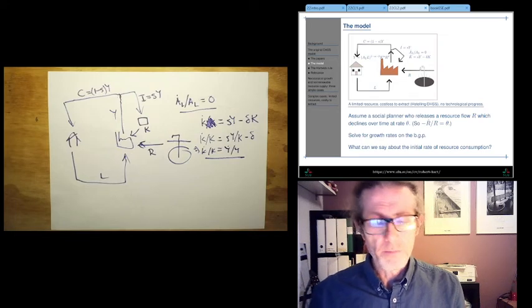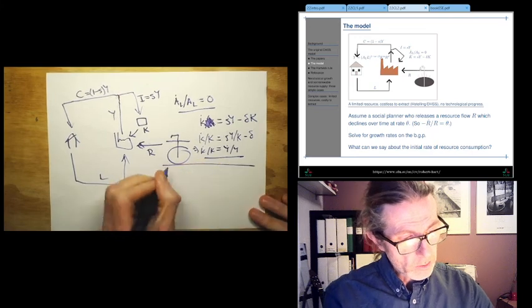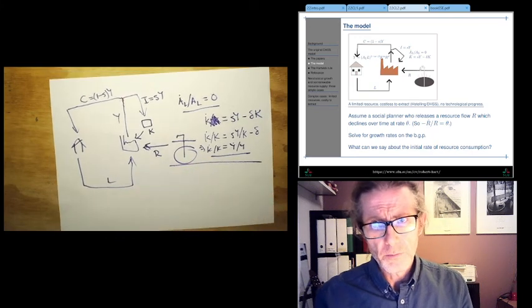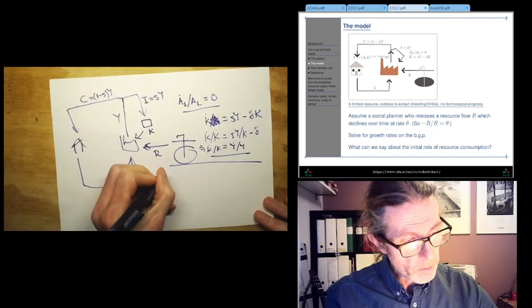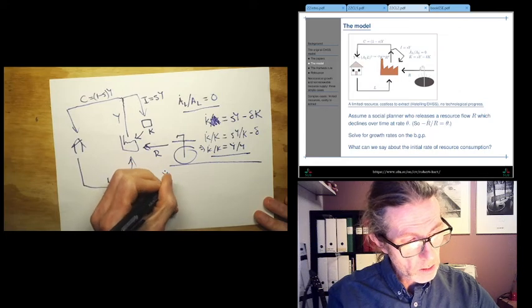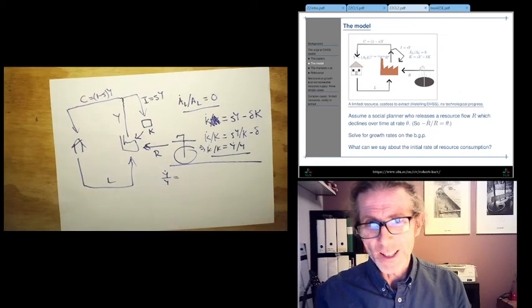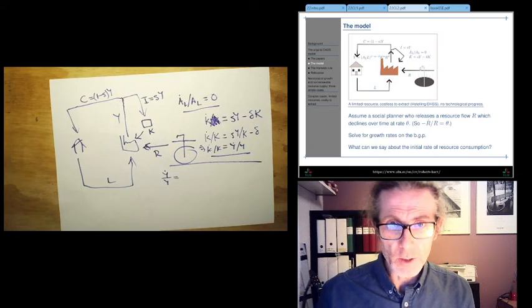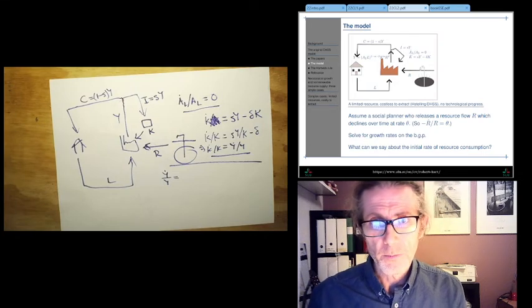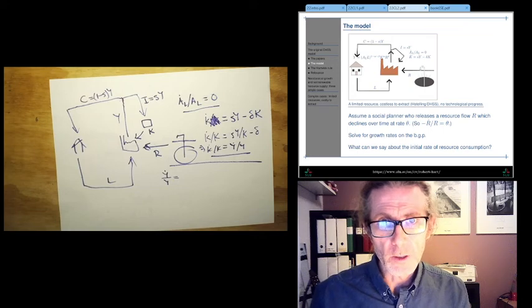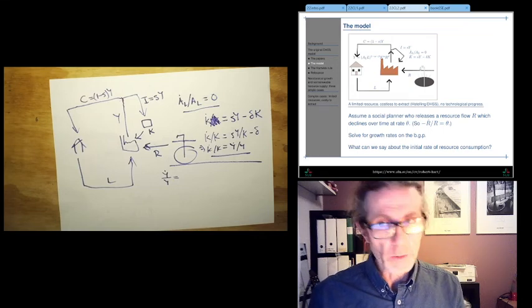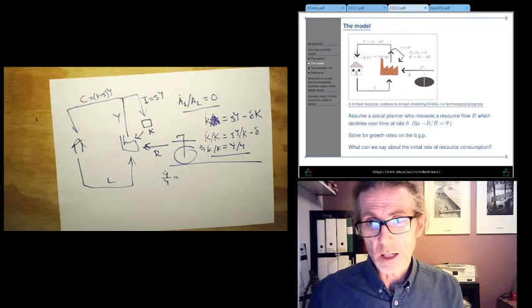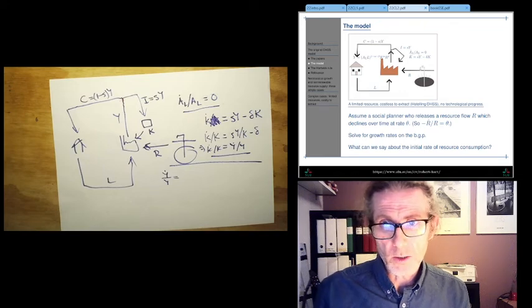Okay, so let's go back to the production function, and from that I can just write this down. With a bit of practice you might be able to do it; if you need to go through the math, just do it. But look at the Cobb-Douglas production function, differentiate with respect to time. We know that AL is constant. I haven't told you anything about L, so let's just assume it's constant.